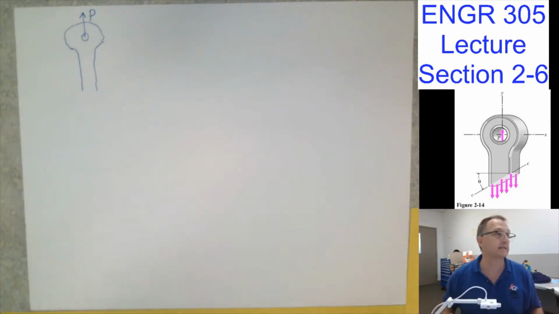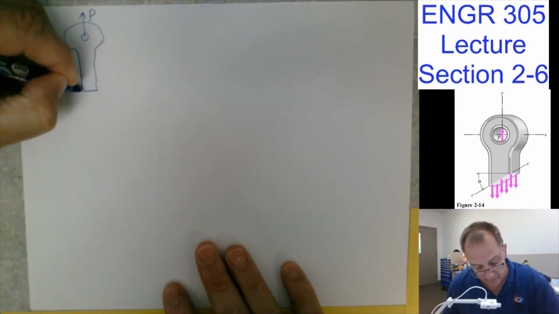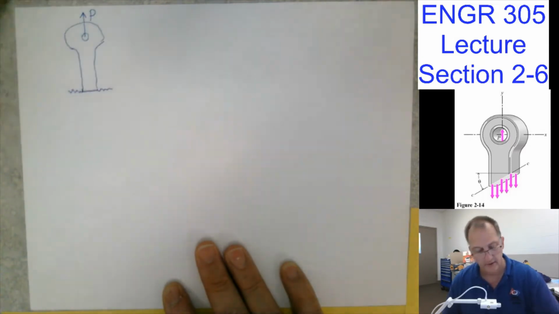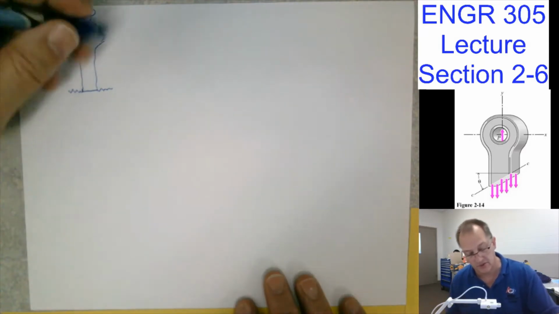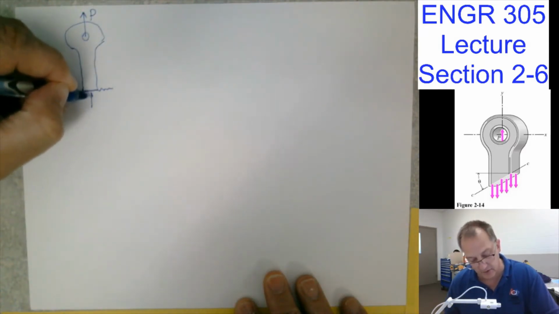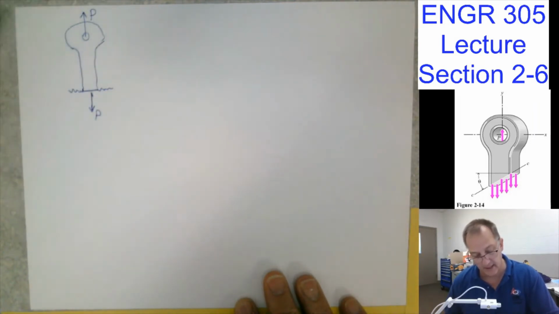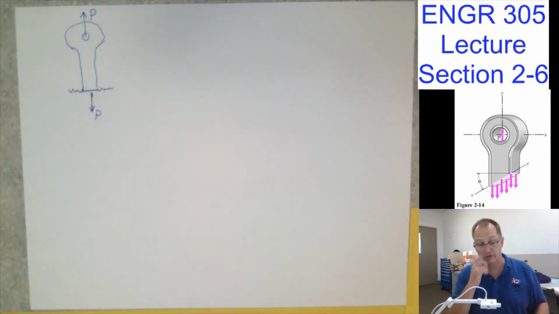It's got that force P pulling on it. And if we had a cut there, you would know what was going on. You would know that there's a force acting on it this way. It's got to be pulling down, and that's going to be equal and opposite. If we looked at one of those forces, we could figure that all out.